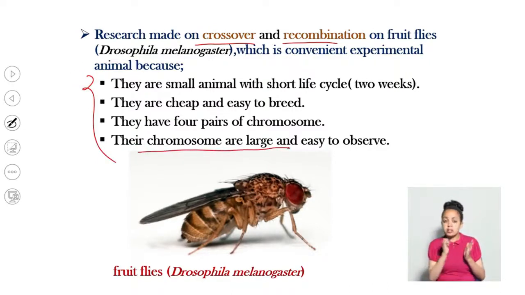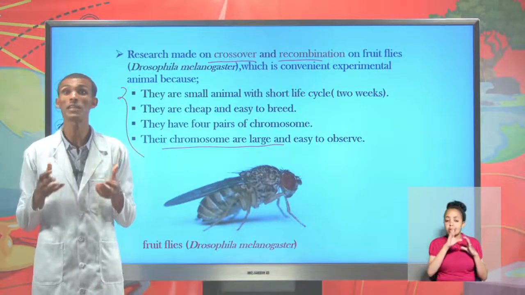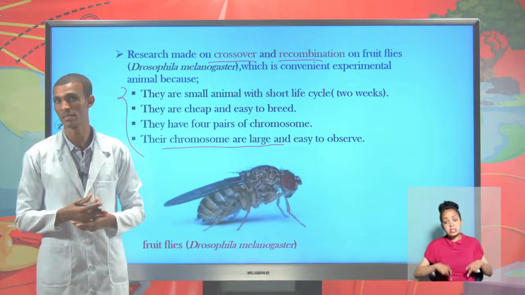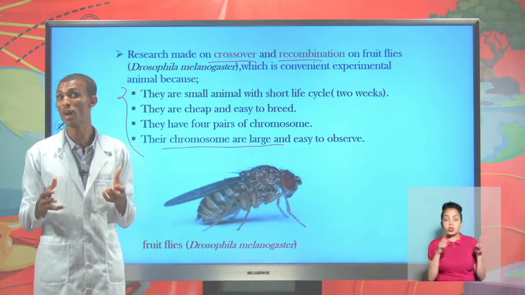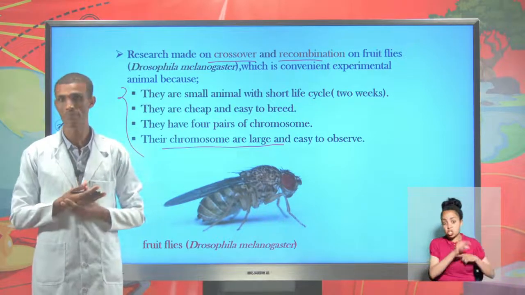By that, he proved and won a Nobel Prize for the crossover recombination, and that the gene found on the chromosome is the basis for physical patterns of inheritance that determine unique offspring production over generations.